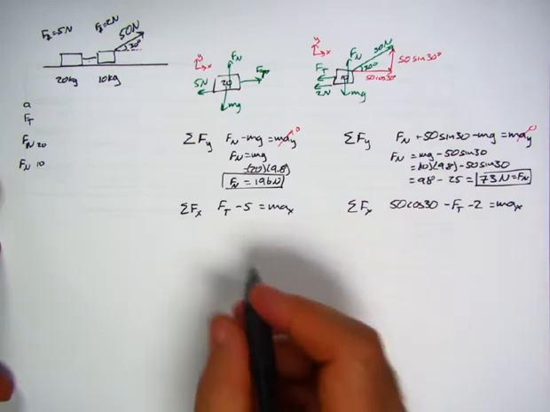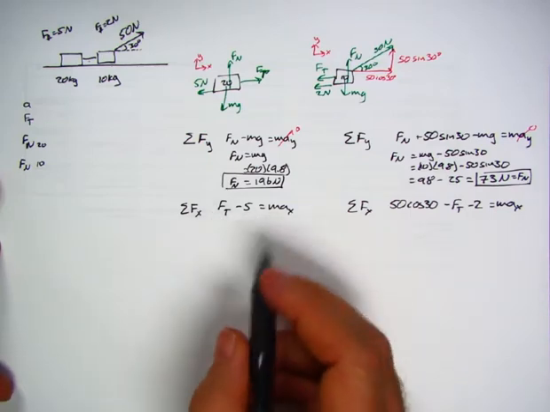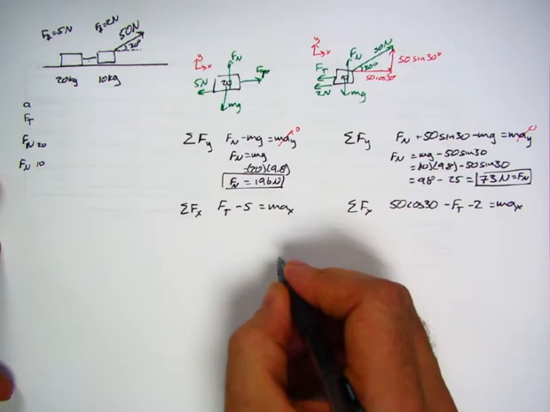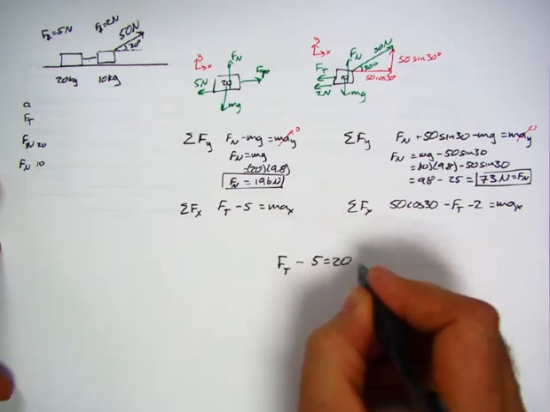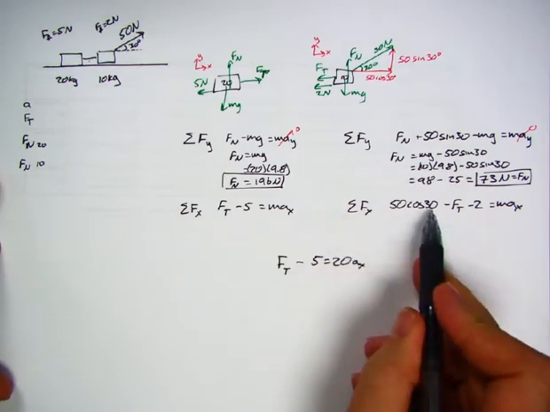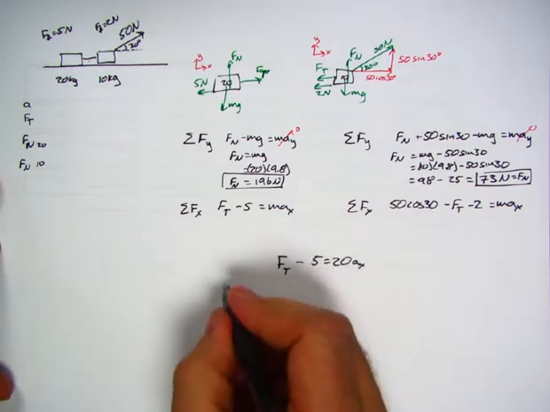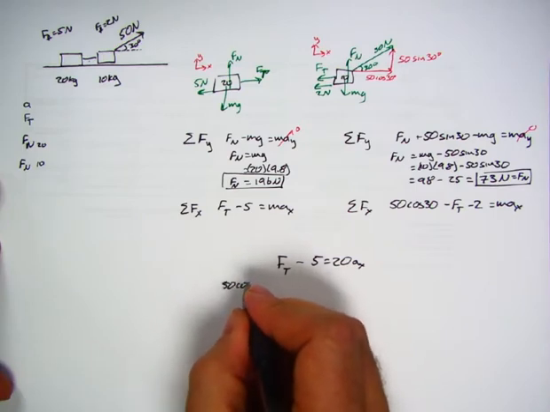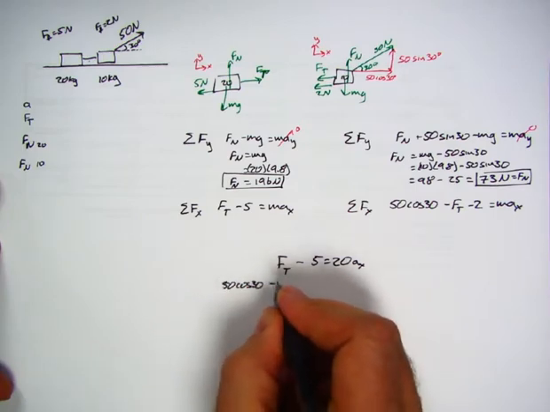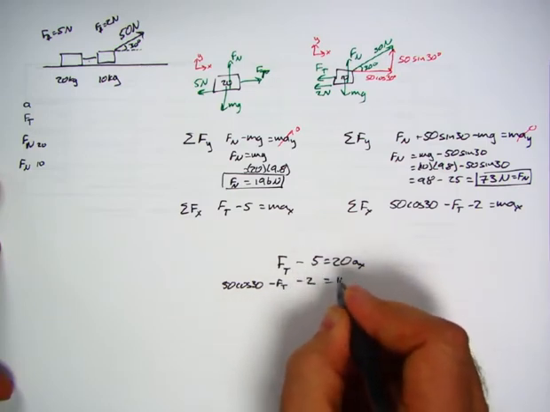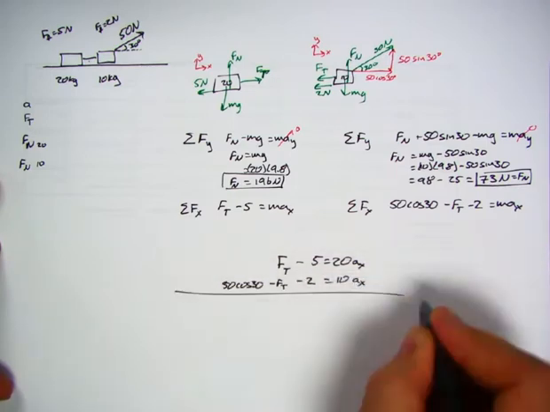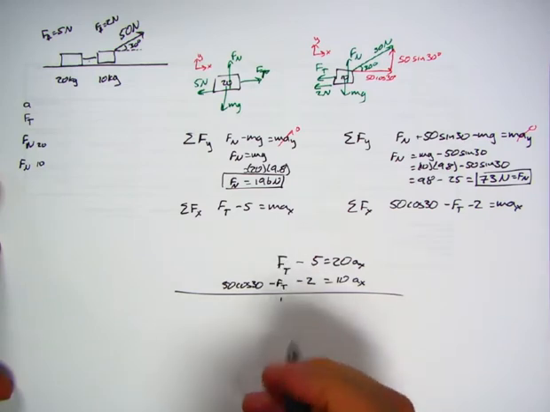I'll write those equations down and plug in the appropriate masses. So force of tension minus 5 equals 20 a_x, and then rewriting this one, I end up with 50 cosine 30 minus force of tension minus 2 equals 10 a_x.